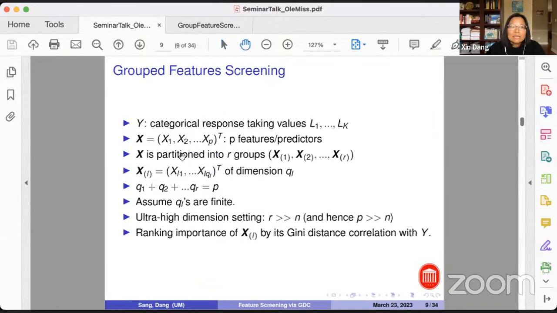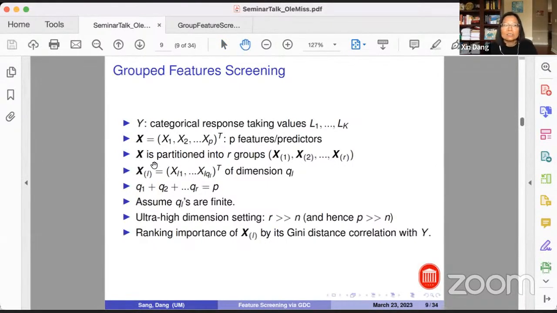So for the group importance, your predictors or features have to be partitioned into R groups. You need some domain knowledge from an expert to tell you that your predictors can be grouped into those R groups.